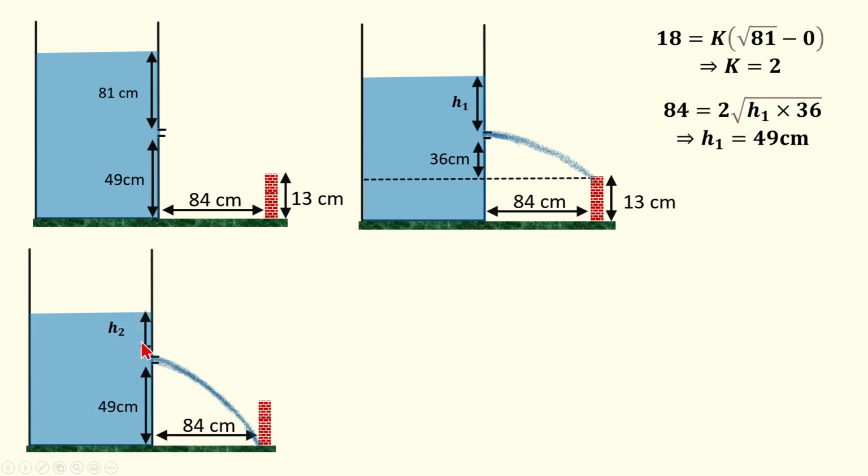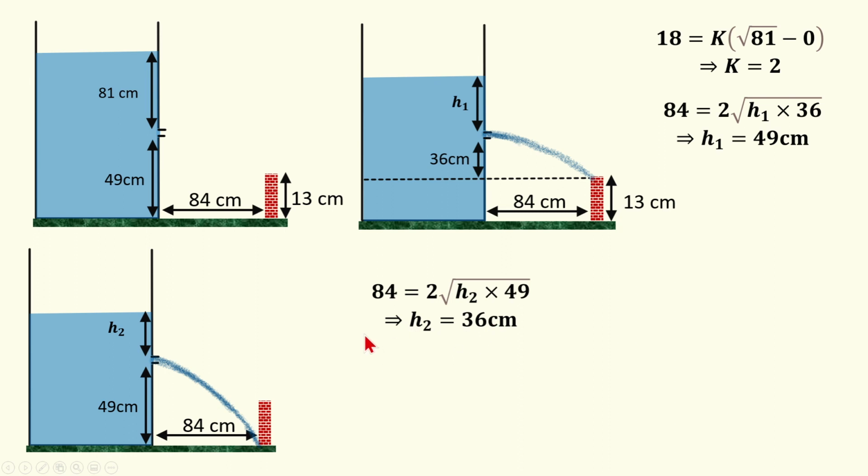So this is position number 2. And since we are considering the horizontal range at the level of this ground here, this is our h2 dash, and the horizontal range is again the same, 84 centimeters. So we can use the same formula, 84 equal to 2 into root of this distance into this distance. So we get the value of h2 equal to 36 centimeter.